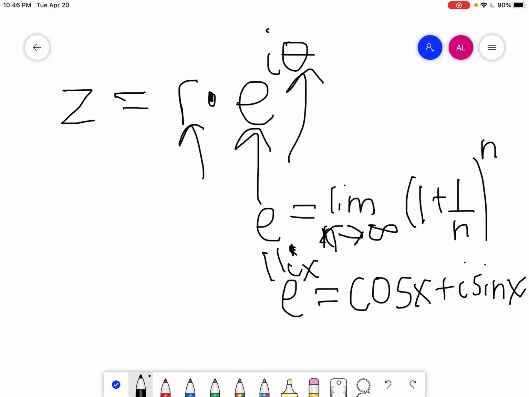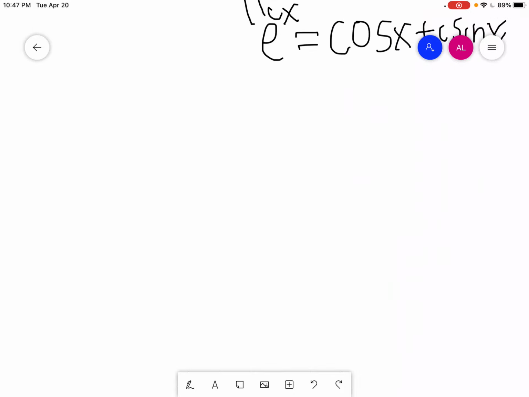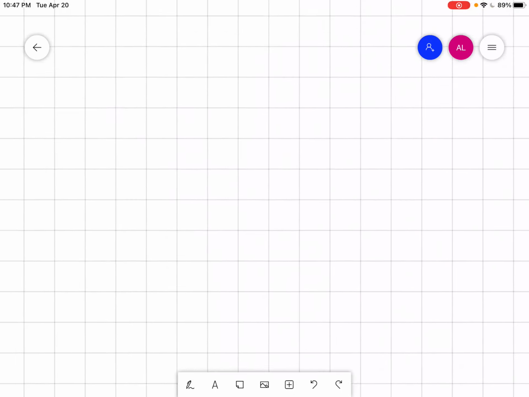And of course that gives us our polar representation of a complex number.